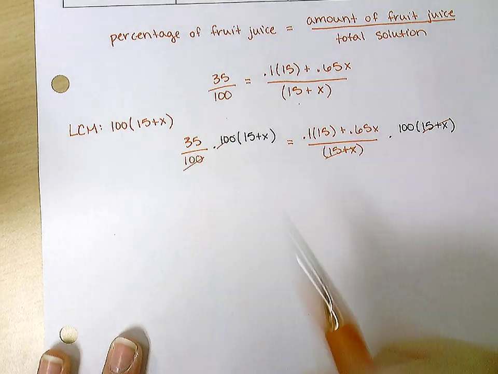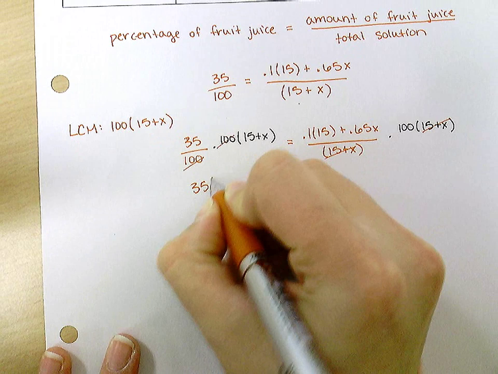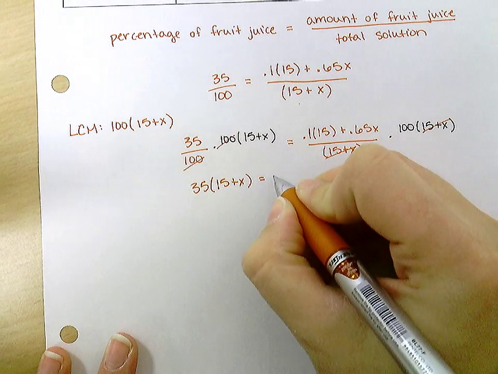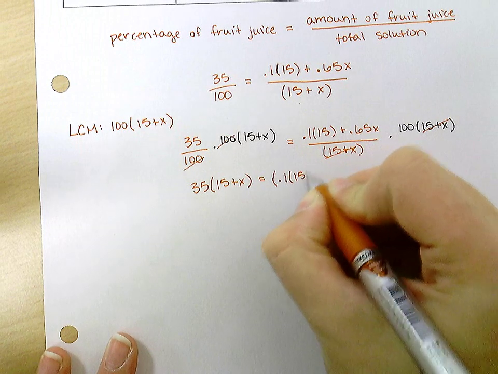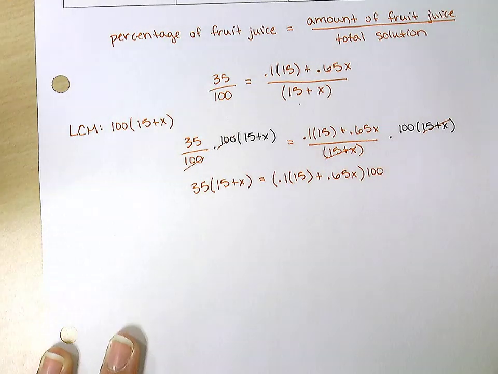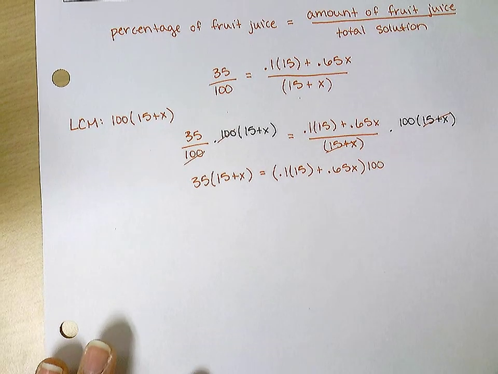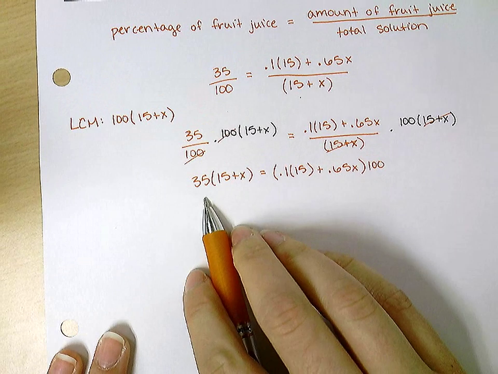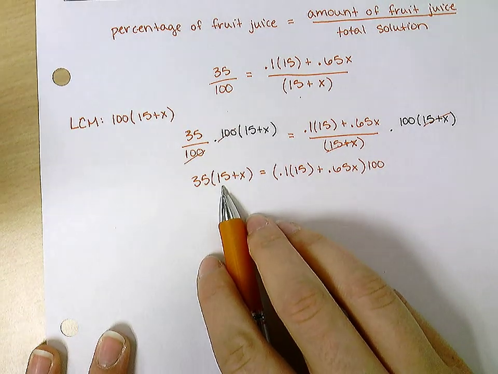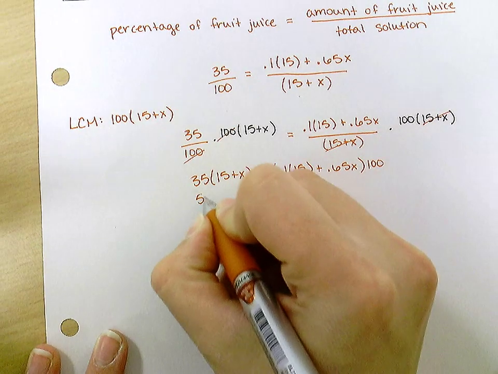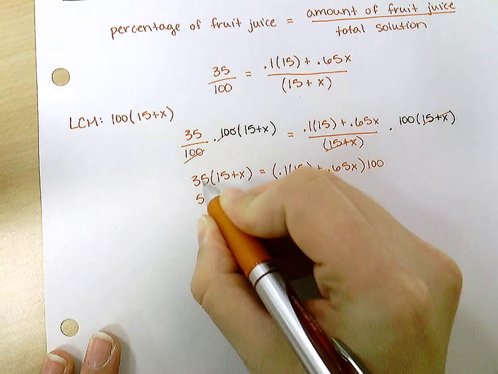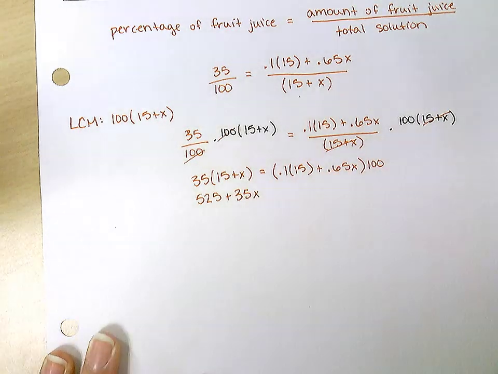Rewriting my problem here, I have 35 times 15 plus x is equal to 0.1 times 15 plus 0.65x, and that's multiplied by 100. So I need to distribute. 35 times 15 is 525. 35 times x is 35x.